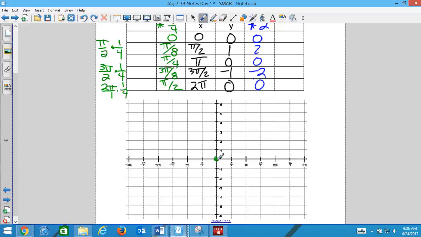So pi over 4, I can graph. 3 pi over 8, not sure yet, but pi over 2 is on my graph. Pi over 2 is 0. Okay, so pi over 8 has to be exactly in between 0 and pi over 4. It's got to be halfway in between. So my pi over 8 at 2 is about here, and at -2, there. So I've got my complete cycle right there.